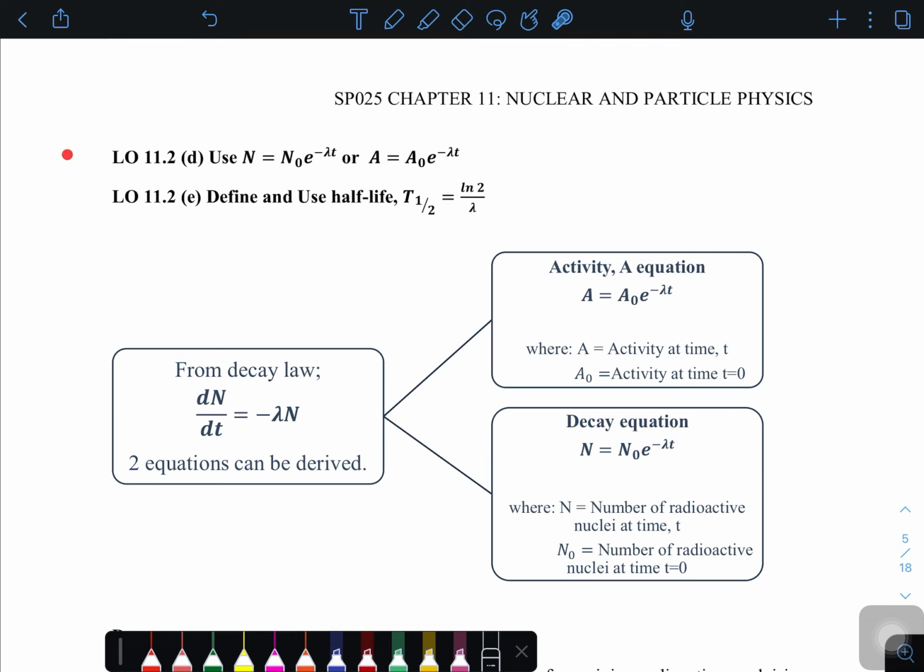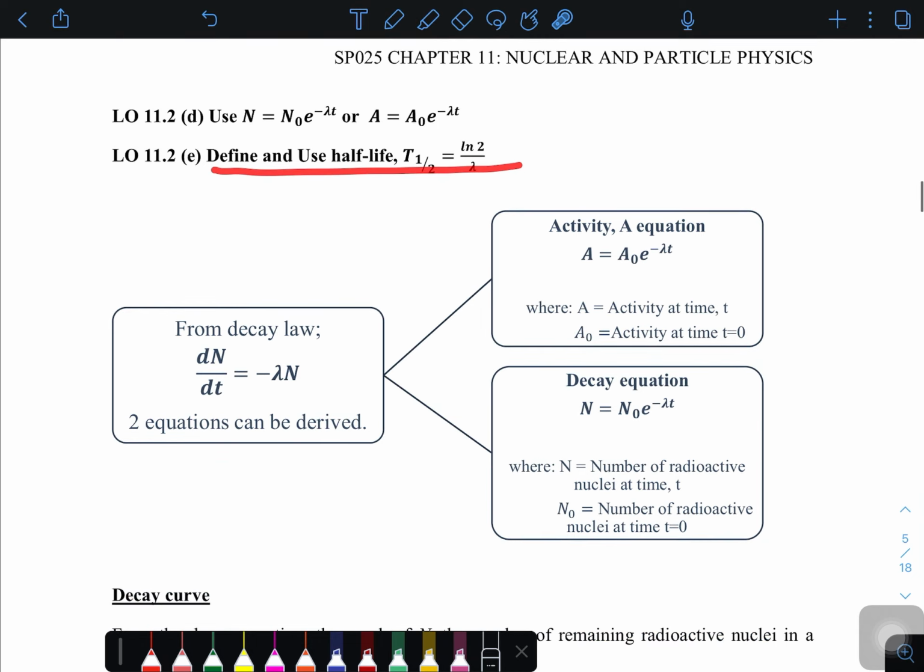Then we go to the fourth and fifth learning objectives, which are to use N equals N naught e to the negative lambda t, A equals A naught e to the negative lambda t, and to define and use half-life. We know the decay law says the rate of decay equals negative lambda N. From this equation, we can derive two more equations.